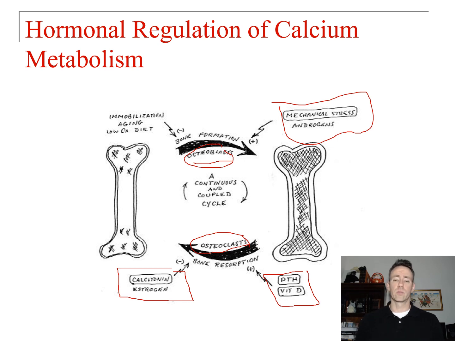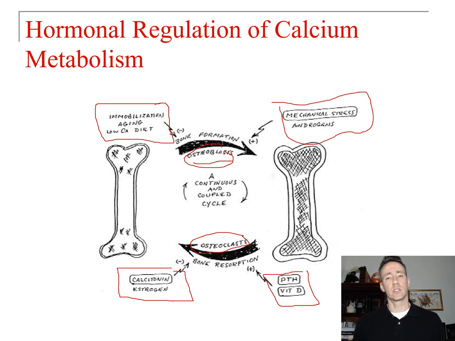Androgens, things like testosterone, for example, can also increase bone formation, and we'll come back to that in a later lecture. Inhibiting bony formation would be the opposite of mechanical stress or exercise, which would be immobilization. Bedridden patients who've been lying in bed for prolonged periods and don't get much exercise: the body has an incredible way of adapting to the need.